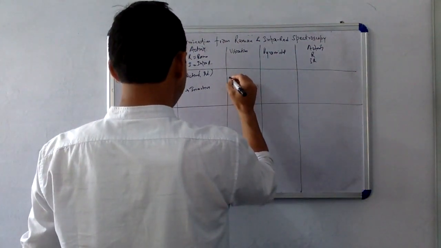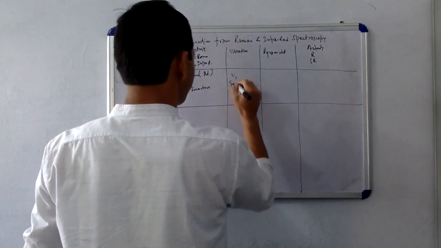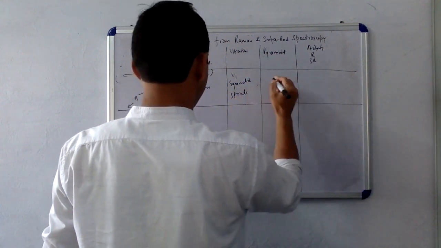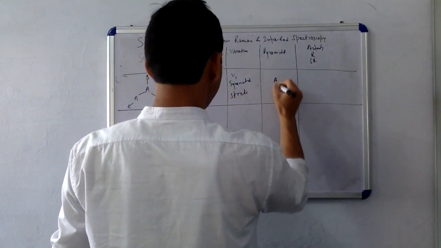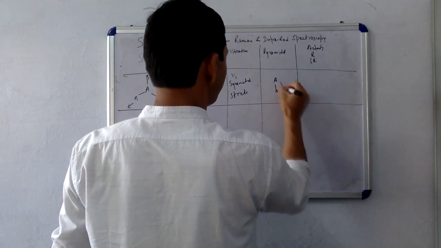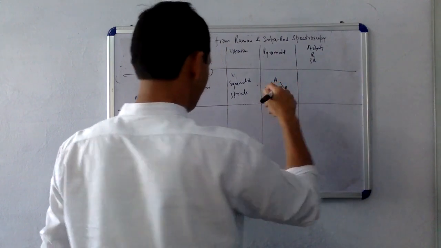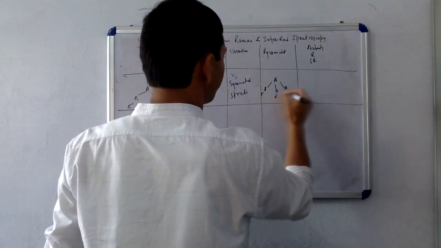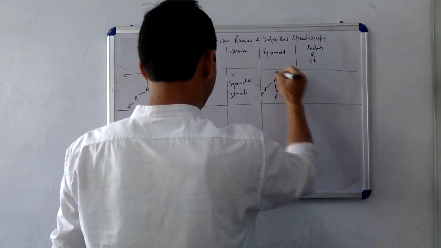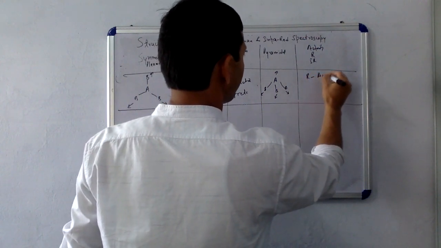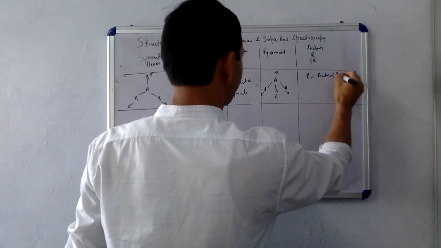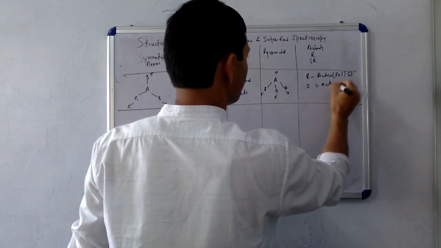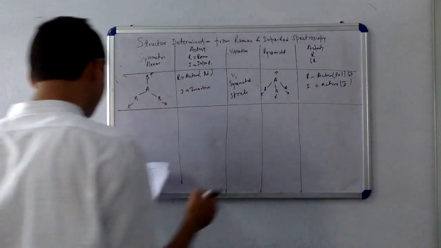And the vibration is V1, the symmetric stretch. So here you have A, B, B and B, the pyramidal structure, where all the vibrations are symmetric. Raman is active, polarized and strong, and IR is active, parallel.